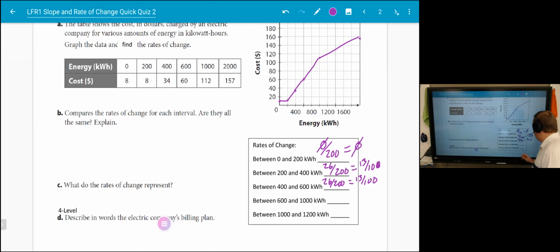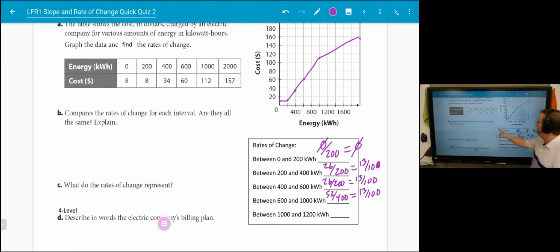From 600 to 1,000, I go from 112 to 60, so that is 52 out of 400. You'll notice here, that's just double, right? This will also simplify to 13 over 100.